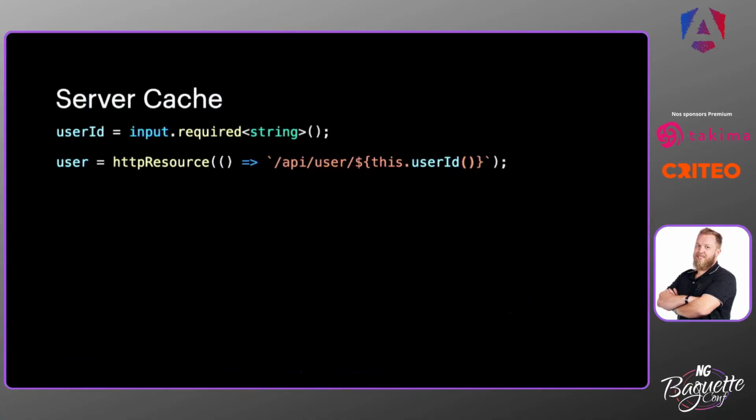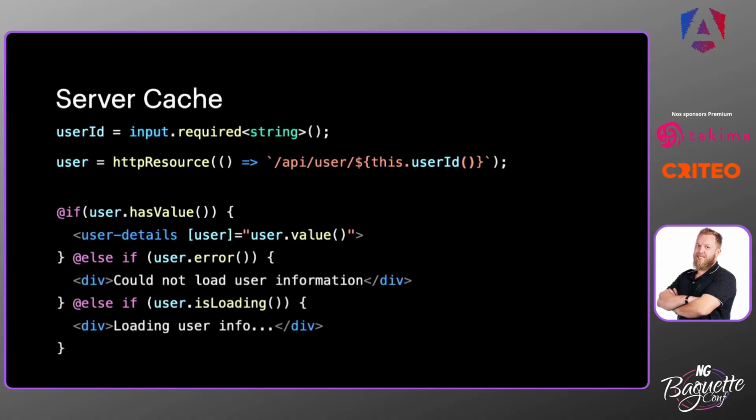One of the biggest examples of it is HTTP resource. So HTTP resource is the server state. It talks to one specific API, and you can refetch it, requery it. When the user ID in this case changes, you'll get the new response for it. And it's really good to use, very easy, very ergonomic.